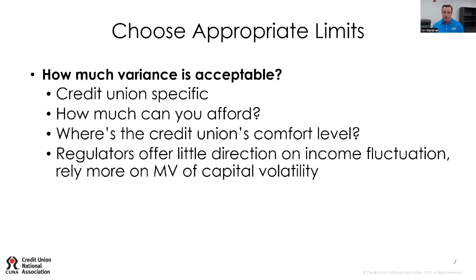Now, I realize, for a lot of us in credit unions, we just get a policy from somebody else and replace the name of their credit union with our credit union's name, and then we present that as our policy. But when you really get into it, there's going to have to be a rationale as to why we picked that particular number. Okay, so credit union specific is the limits.